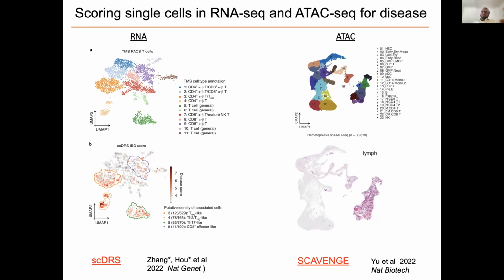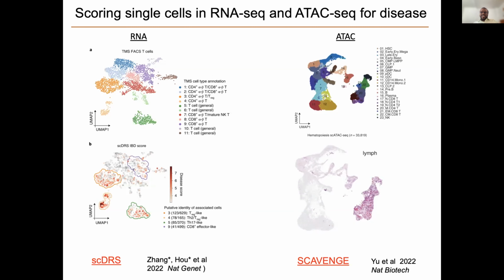And so I think in that sense, the SCDRS is probably more expansive in its use because it basically uses the MAGMA gene score and then links that with which genes are more expressed in that particular cell. And the MAGMA gene score is more stable and you can generate that for many types of GWAS data sets and pretty well powered at that.